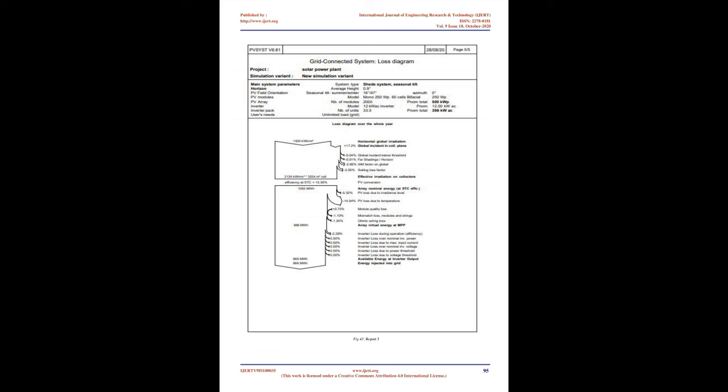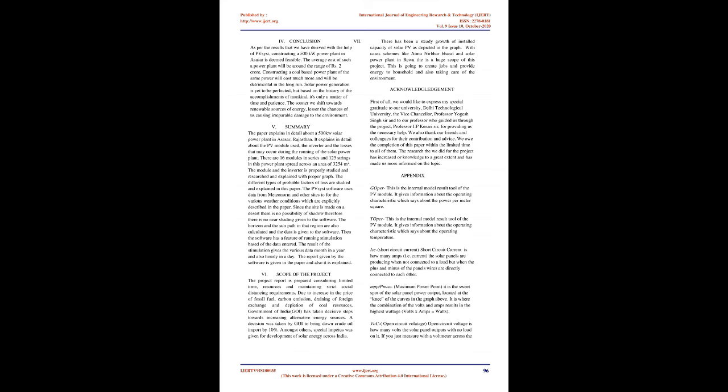The PVsyst software uses data from Meteonorm and other sites for the various weather conditions which are explicitly described in the paper. Since the site is made on a desert, there is no possibility of shadow, therefore there is no near shading given to the software.